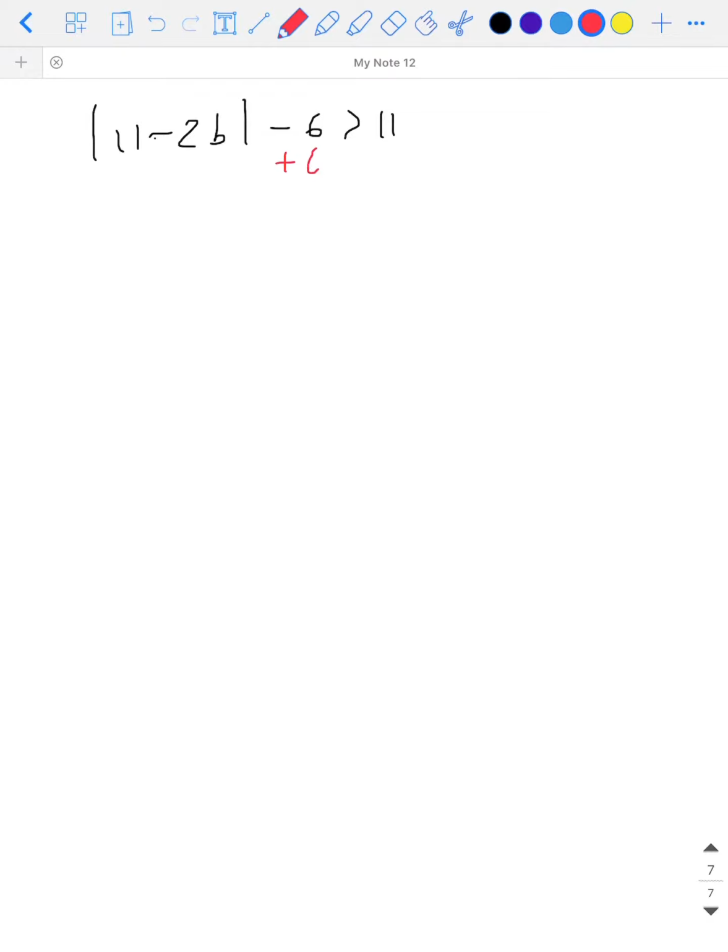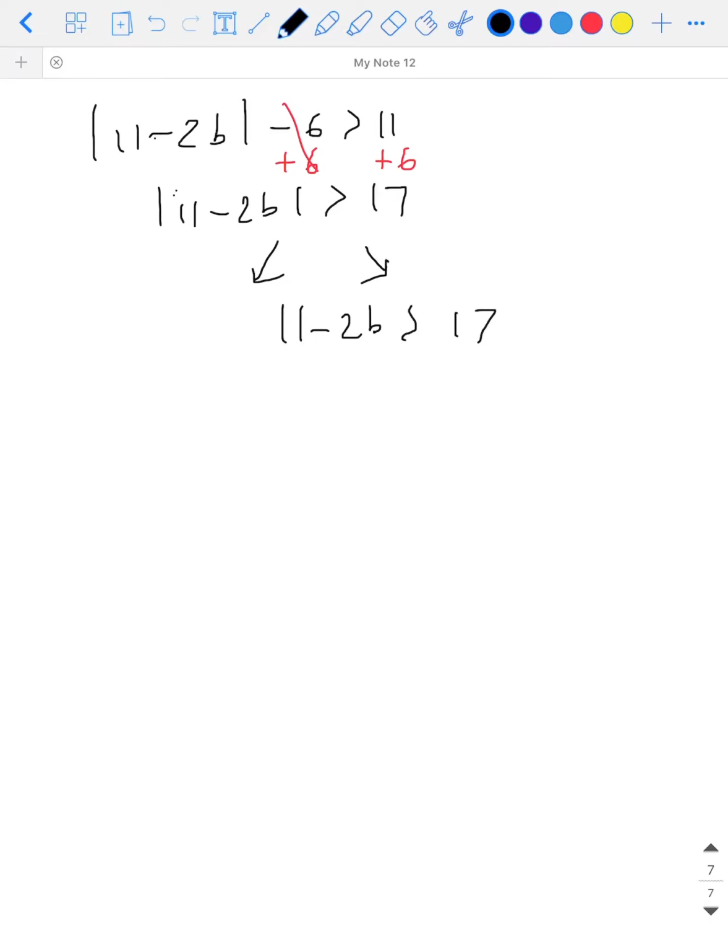So I'm going to add 6 to both sides first. 11 plus 6 is 17. From here, the absolute value is by itself, so I'm going to split it up. In this case, 11 minus 2b is greater than 17. But it should also have the other side if we're going to split up the absolute value.